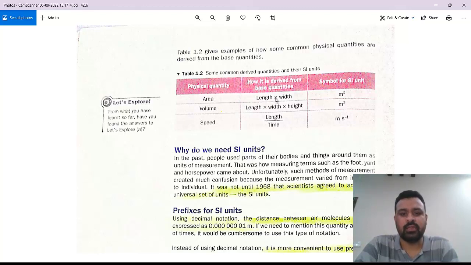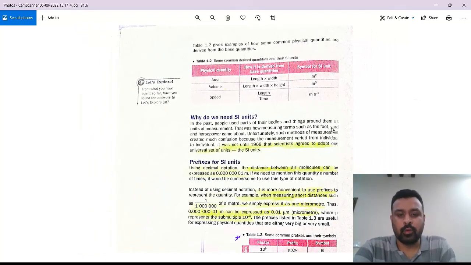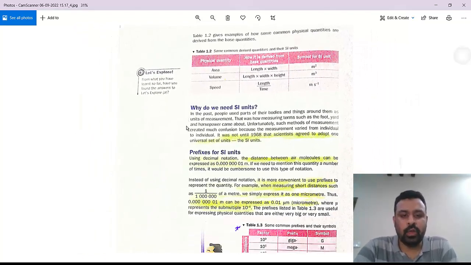Area is length into width, so L square, it becomes meter square. Volume is the cube of length, so it becomes meter cube. Speed is length per unit time, so its unit is meter, length unit is meter, time unit is second, so it becomes meter per second.